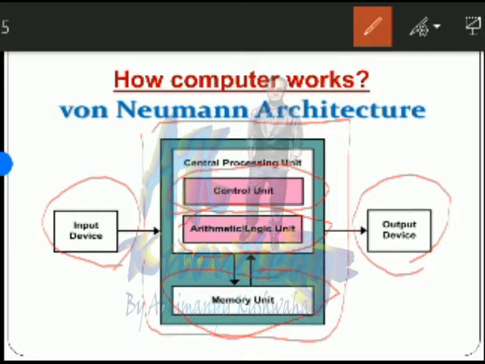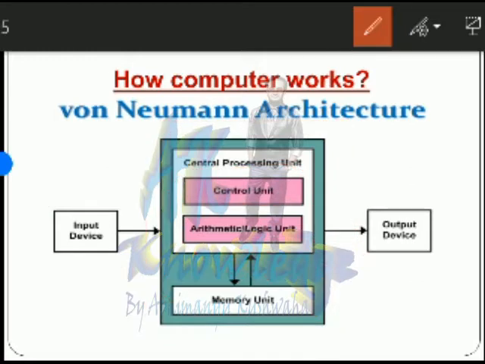So when we input something, it goes to the CPU. What is the function of the control unit? When data comes from the input device, the control unit controls the data, meaning what kind of data should be delivered to the ALU, the arithmetic and logical unit. Control unit works just like a traffic inspector.